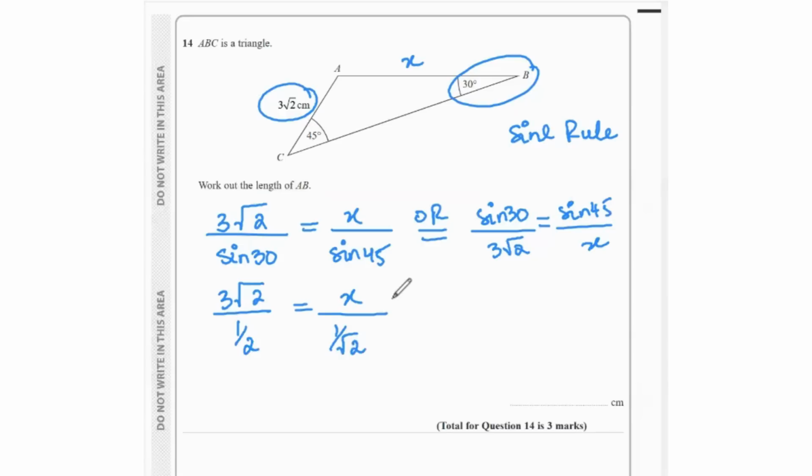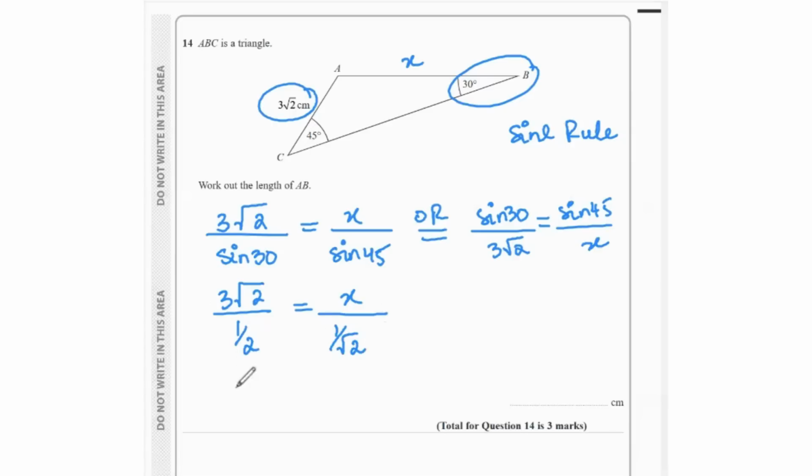If you're someone who doesn't know what the values are, you need to memorize this. If you can't memorize this, there's a trick which is shown in the chart above. I have shared the trick for that, so you can just learn the trick. Or if the trick is also difficult for you, then you just need to know how the special triangles work. You need to make your special triangles on the side, and see what the ratio would be for each angle that you're focusing on in the question.